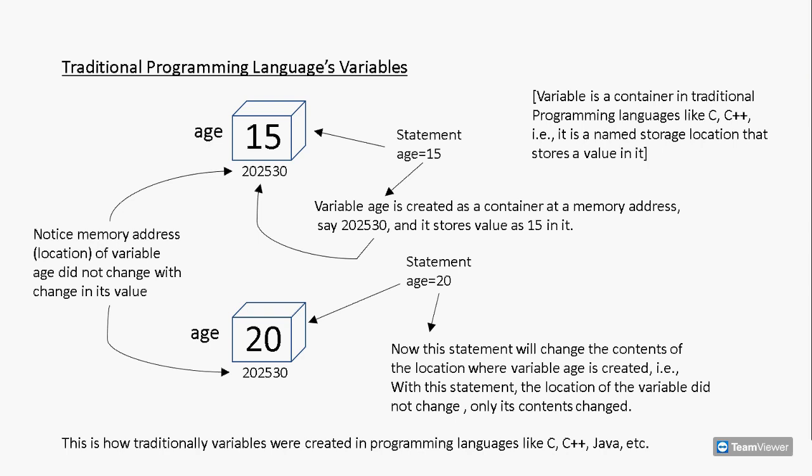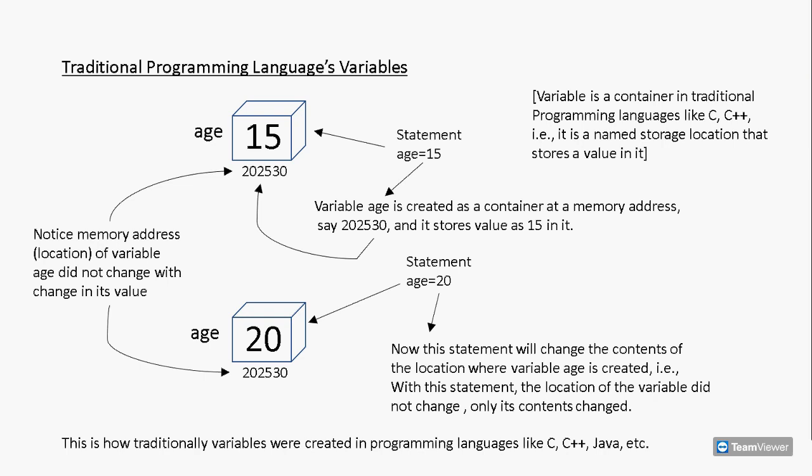Let's see the concept of variable creation in traditional programming languages like C, C++. We will consider two statements being executed and see what happens in the memory. The two statements are age = 15 and age = 20.